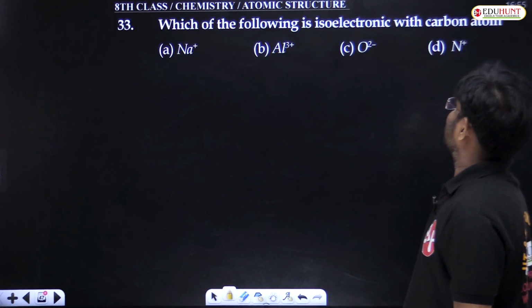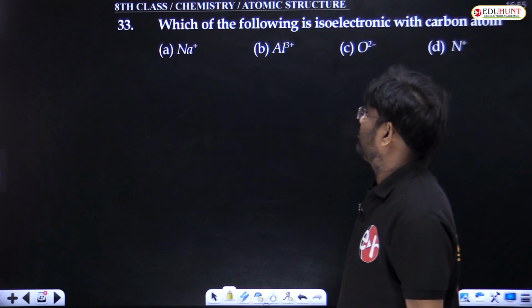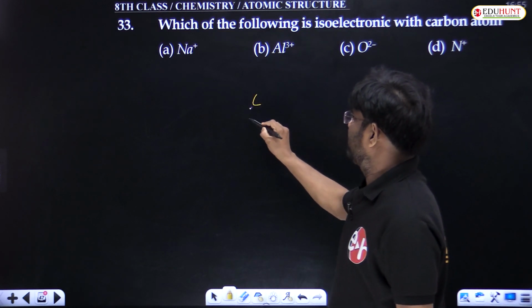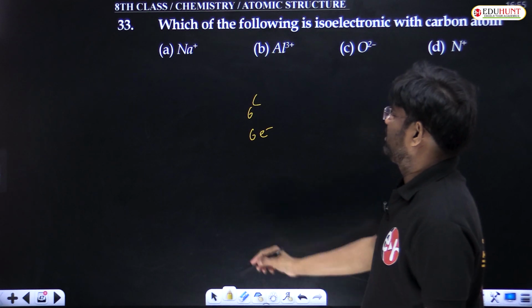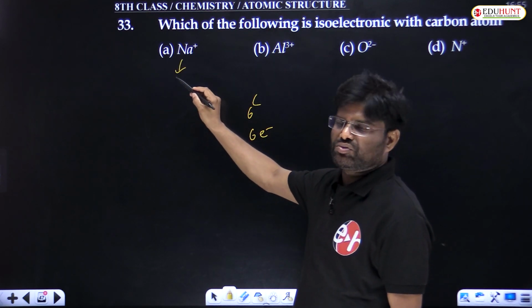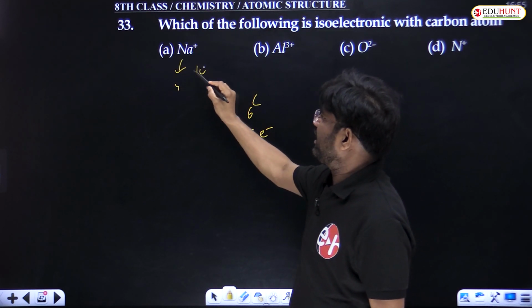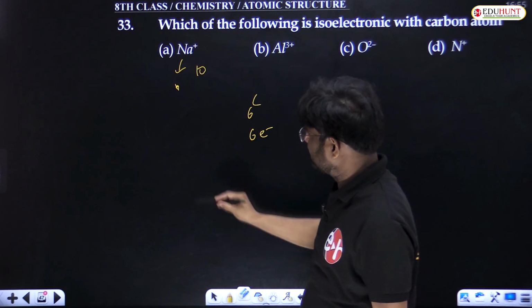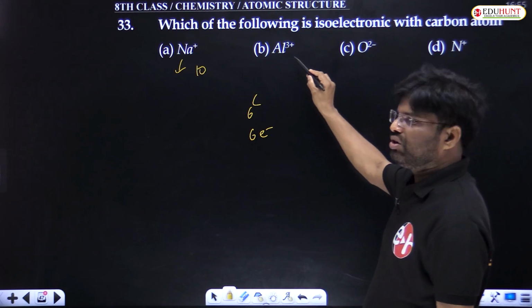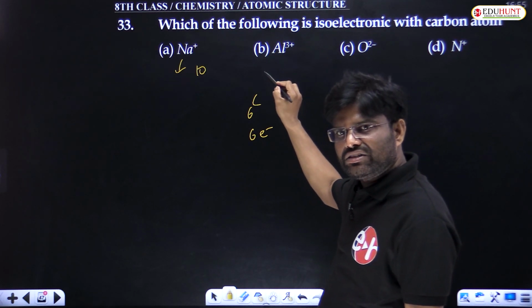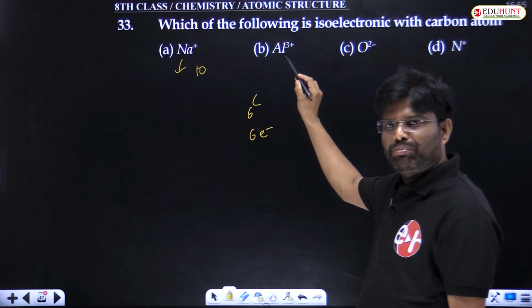Which of the following is isoelectronic with the carbon atom? Carbon is 6 protons, 6 electrons. Here sodium 11, minus 1, 10 electrons. Aluminium atomic number 13, electrons 10, because plus 3 is there.